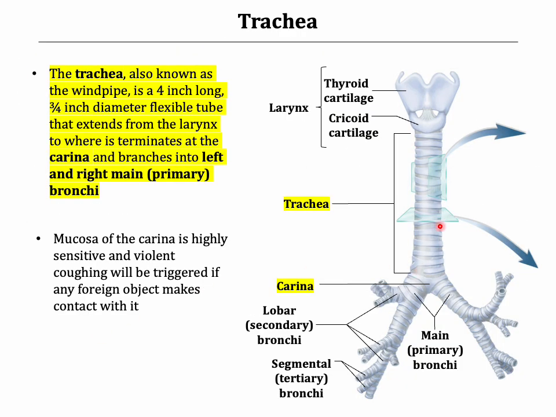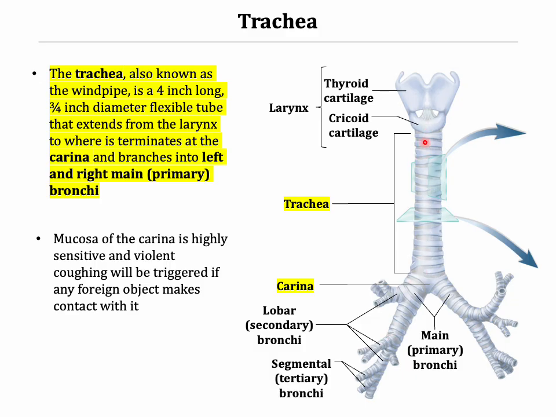For the trachea, this is the windpipe. It's actually only a 4-inch long tube. I think people tend to think it's much longer than it is. It's about 3/4 inch in diameter, and it consists of C-shaped cartilaginous rings. It terminates at the carina, which then branches into left and right primary or main bronchi.